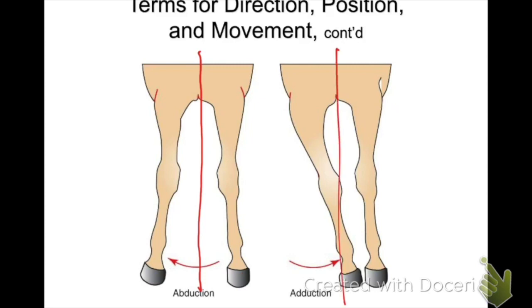So for the leg moving in the direction of the arrow away from the midline, we refer to that as abductive movement or abduction. Whereas if it's coming in towards the midline, or maybe even a little across it, as we see here, that's adduction. And again, you might hear these terms in an exercise class somewhere.